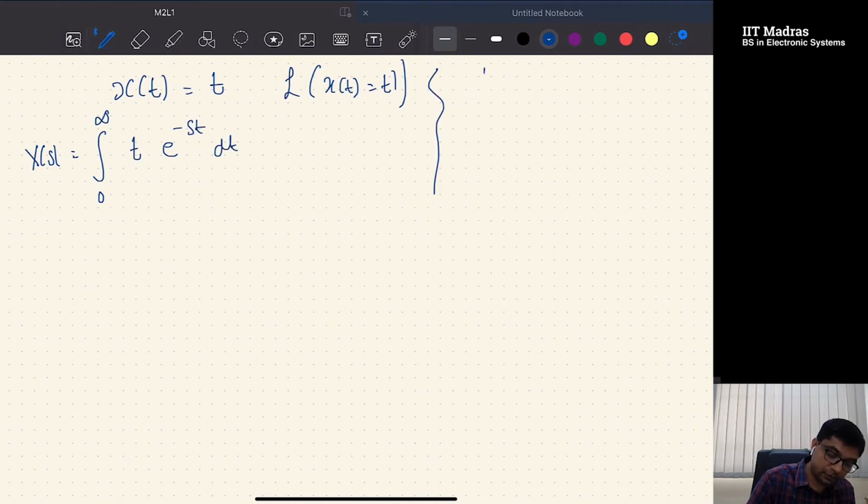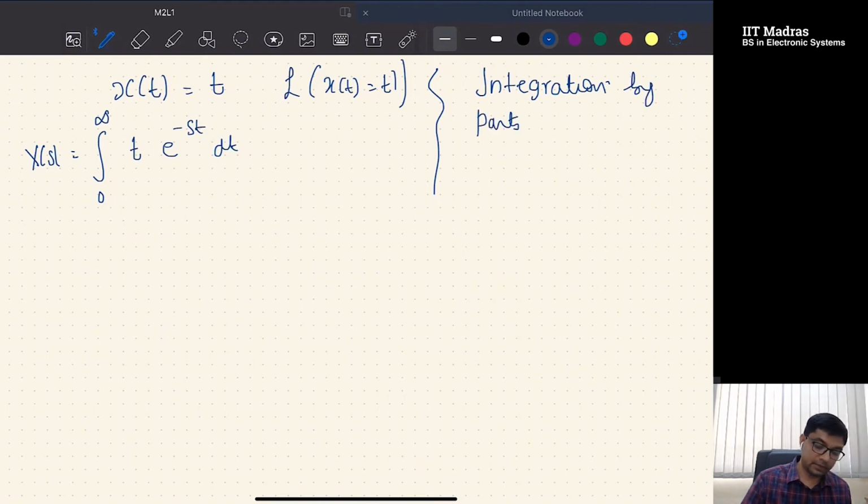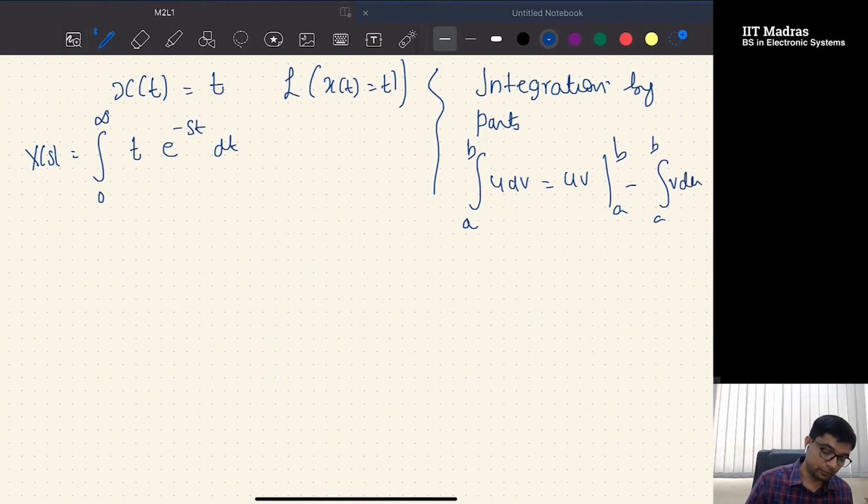I'll use the standard formula of integration by parts, which essentially means that if I have limits from a to b, integral of u dv is uv from a to b minus integral a to b of v du.